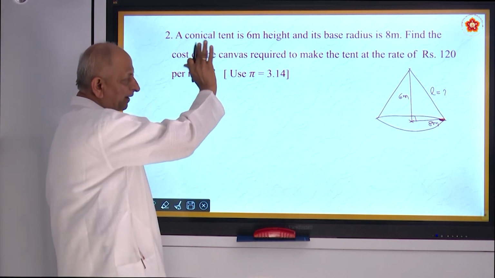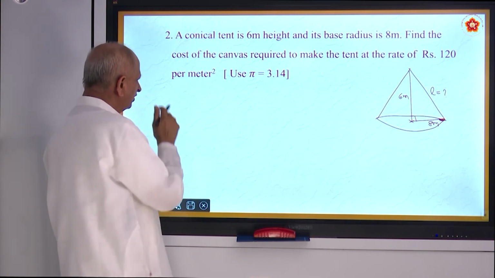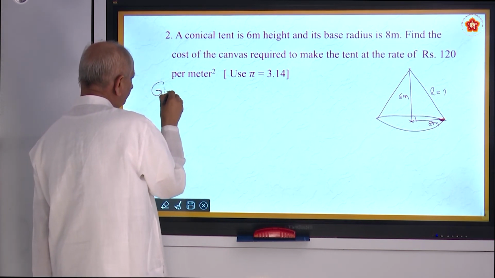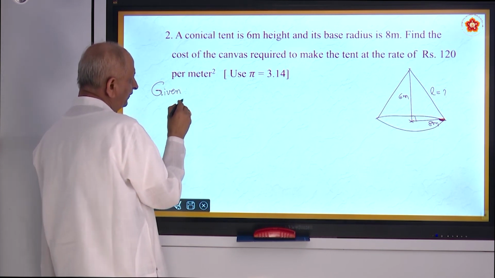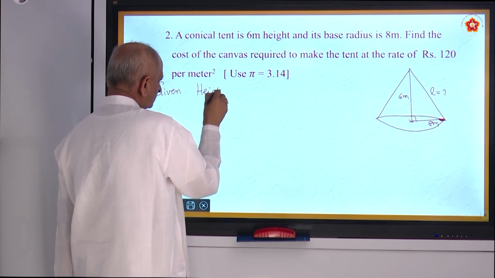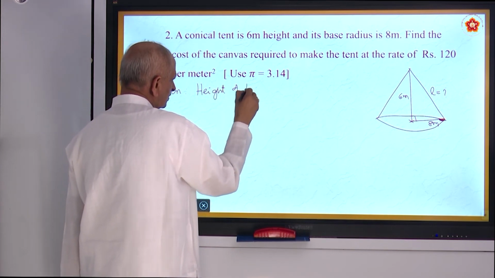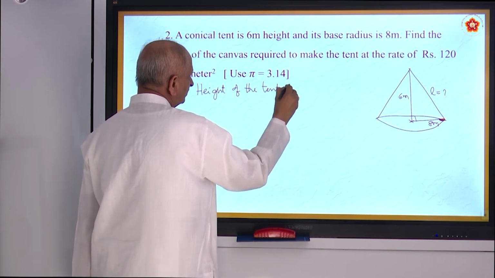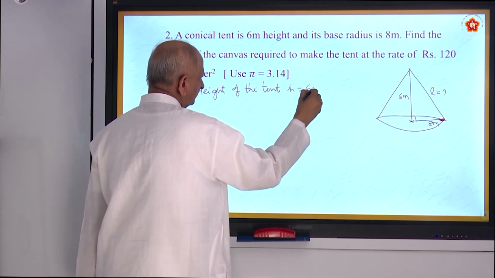So, always when a problem is given, you must write all the items that are given. First, you are given the height of the tent. That you call H, 6 meters.